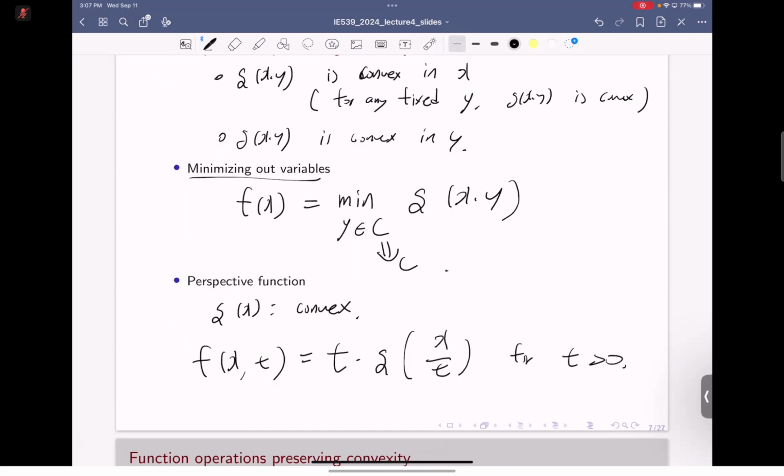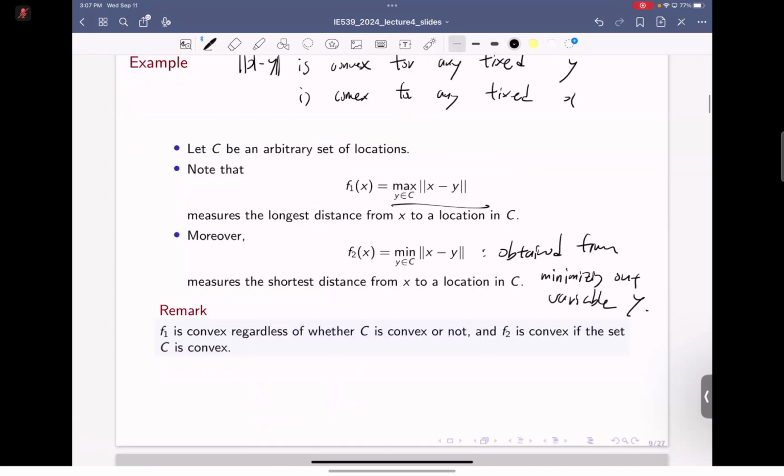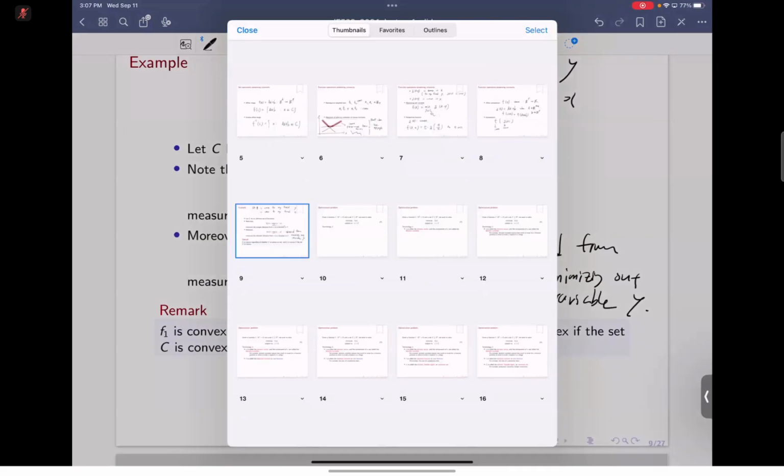That's why we're getting a convex function. But the restriction is that for the first case, we can take any set C. For the second example, we need to take a convex set C to get a convex function. Any question?